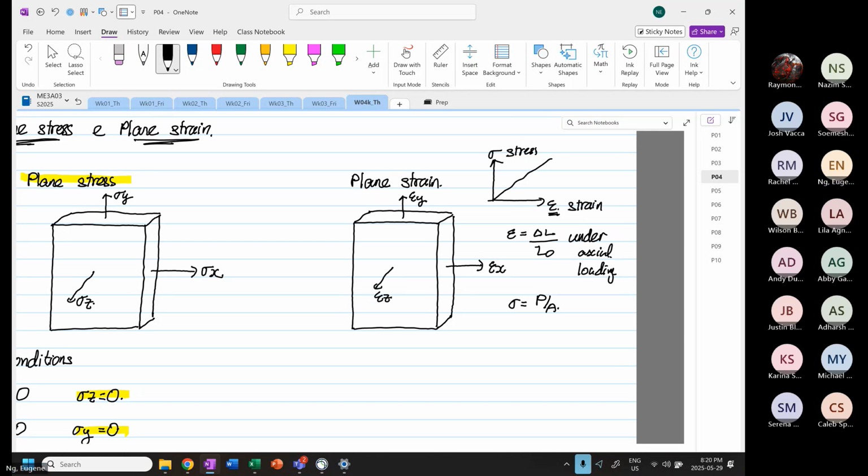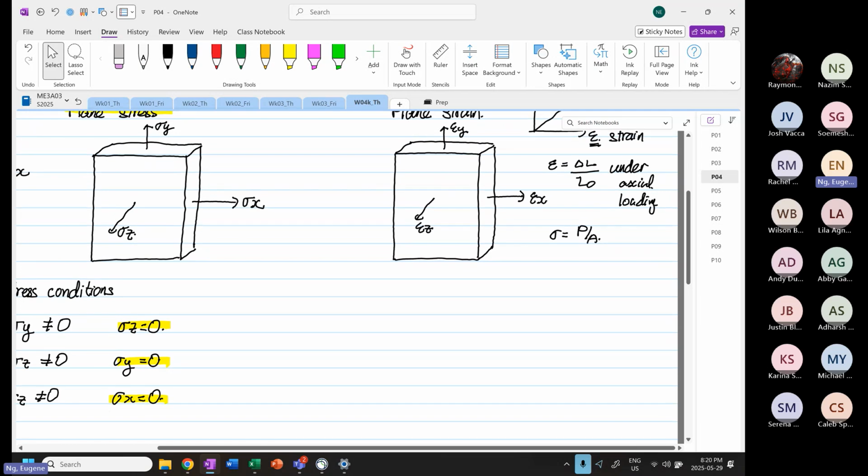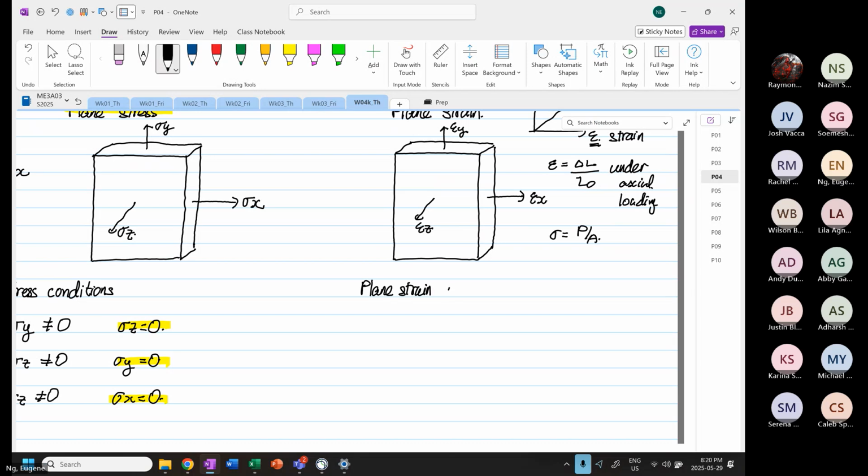Okay. So in plane strain condition, when we do analysis in plane strain, what it actually means is strain in x direction and strain in y direction is so much bigger than strain in z direction.